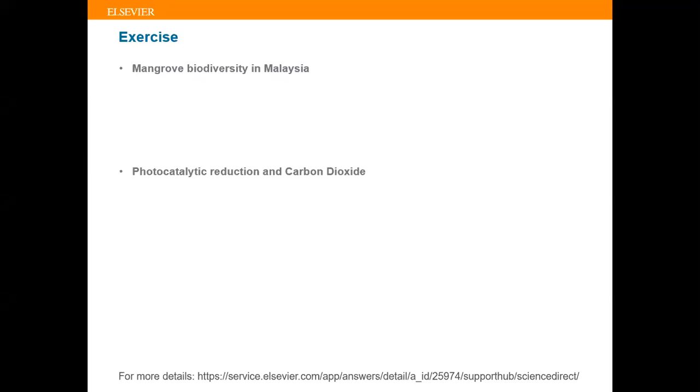It's 10:35. I hope you have already tried both questions. Actually, there is no definite answer. It all depends on how you search. So just to share with you, for the first question, if you enter mangrove biodiversity in the quick search without any symbol, then you will get about this number of results.